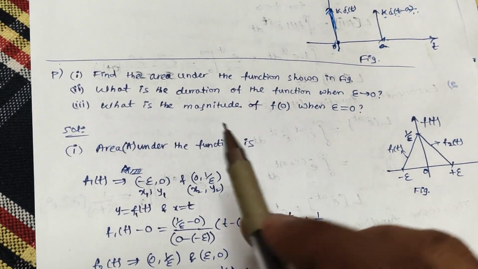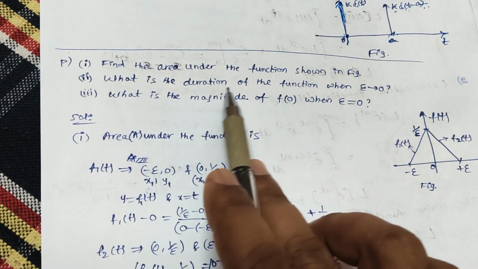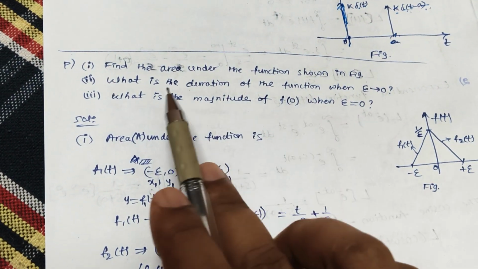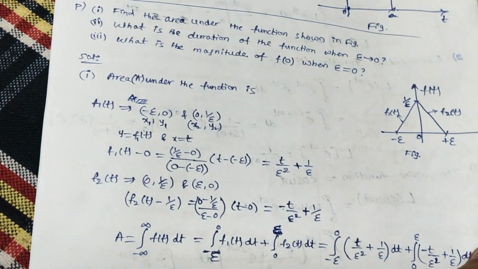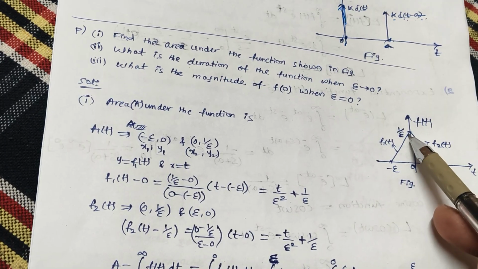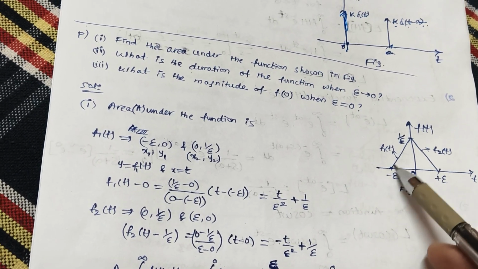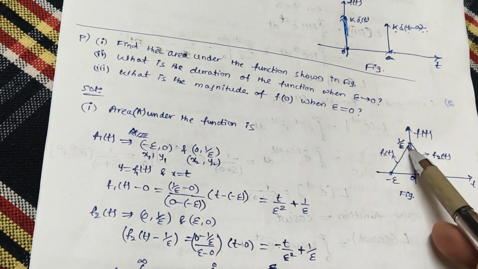Find the area under the function shown in the figure, what is the duration of the function when epsilon tends to 0, and what is the magnitude of f of 0 when epsilon tends to 0? So this is your function. From minus epsilon to 0, you have one slope, and from 0 to epsilon, you have another slope.